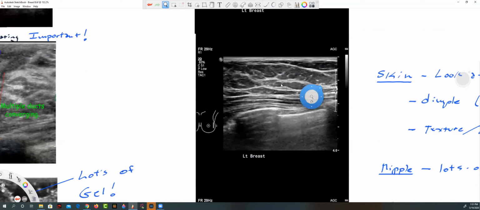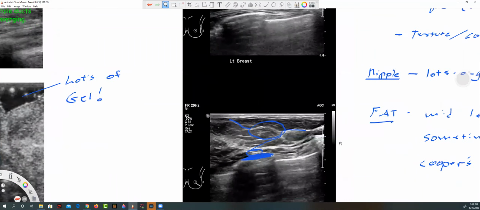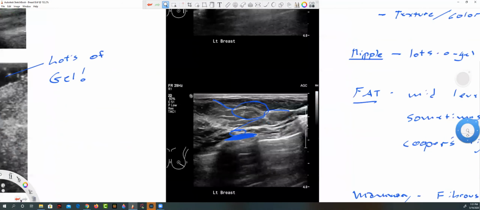I haven't seen fat in Cooper's ligaments. I have not seen any. And you could call this sagittal, but we know better. They're actually not doing sagittal and transverse, they're doing rad and anti-rad. And after the break, we'll break down the differences there.